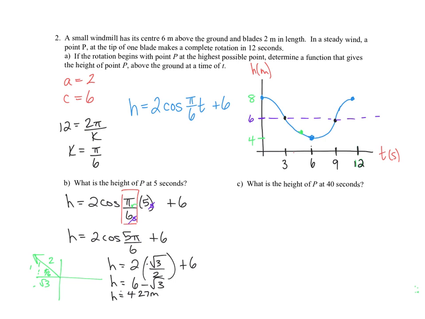So now let's continue with that same type of information in question C. What is the height of P at 40 seconds? So we could continue on, sub in 40 seconds now, and so we'll have 40 pi by 6 plus 6. Maybe you reduce that to 20 pi by 3 plus 6.